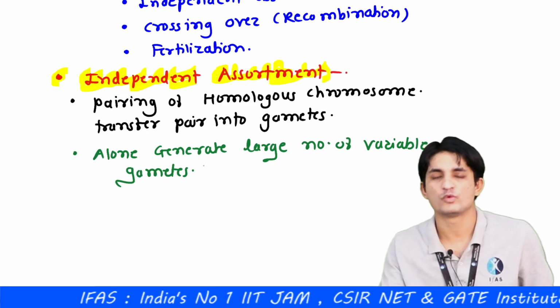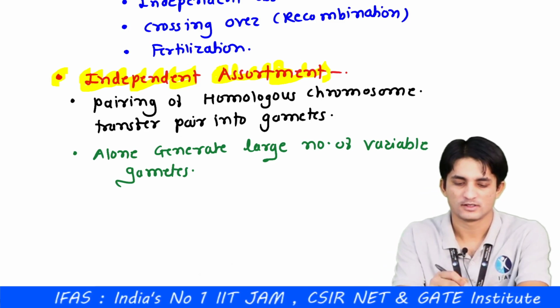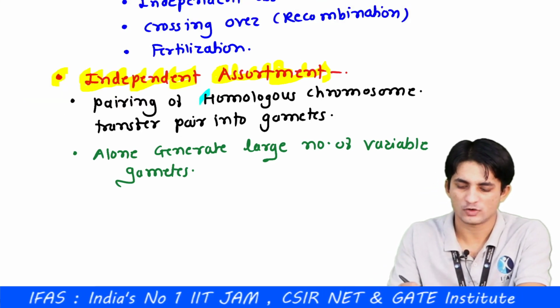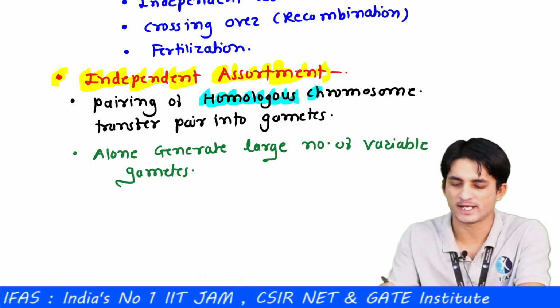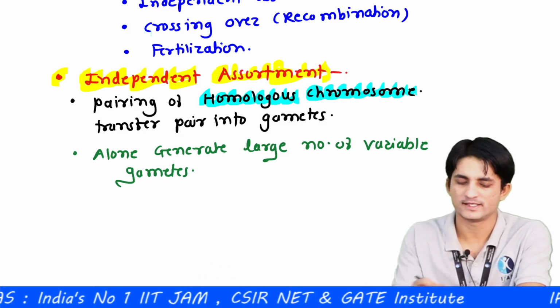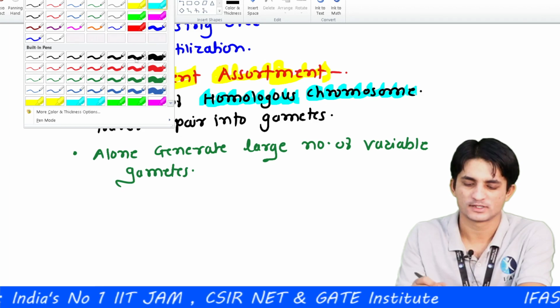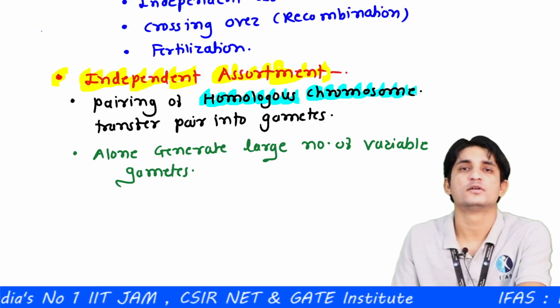Now how is it generated? Here the homologous chromosomes pair and are transferred into the gamete.